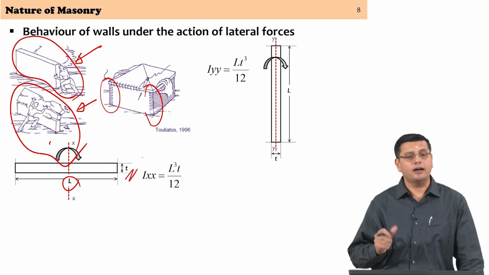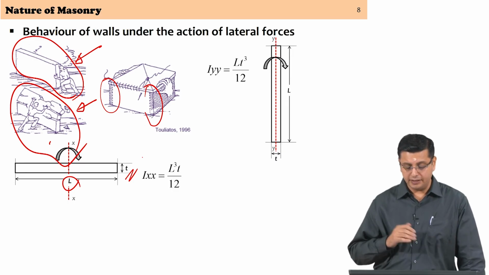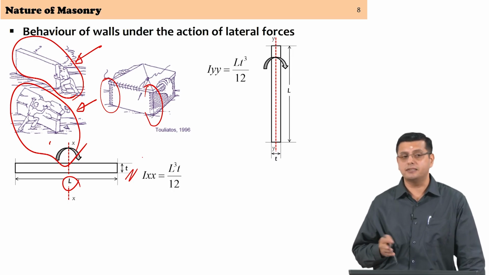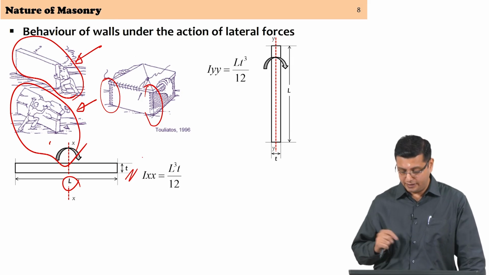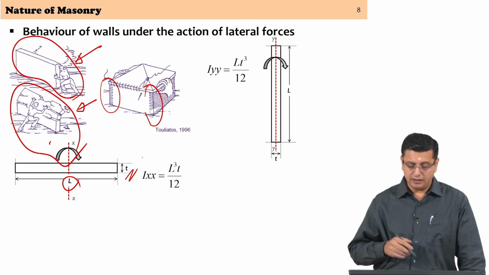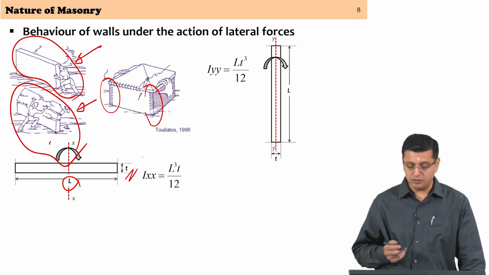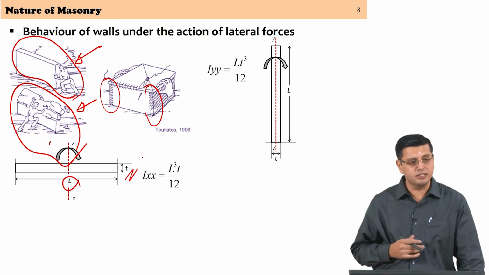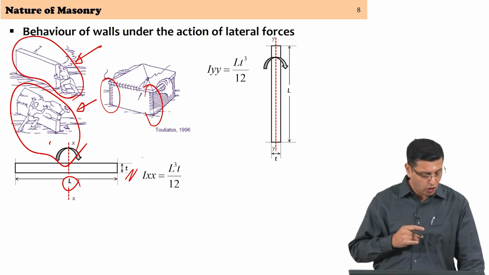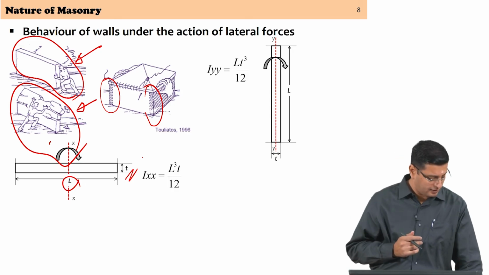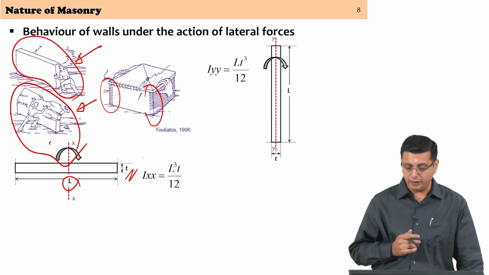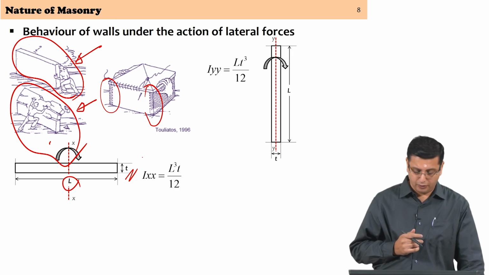If I were to look at out of plane bending and estimate the second moment of area Iyy, same L length and T thickness, it would be L T cube by 12. It is useful to plug in some numbers. Let us say the wall is about 3 meters long and about 230 mm thick, which is a standard masonry wall thickness for a 1 brick thick wall.